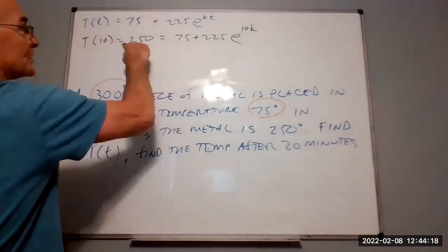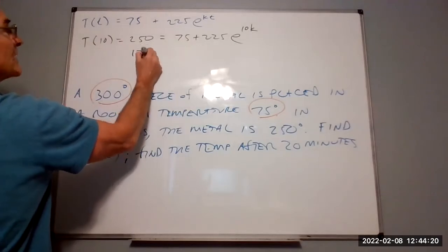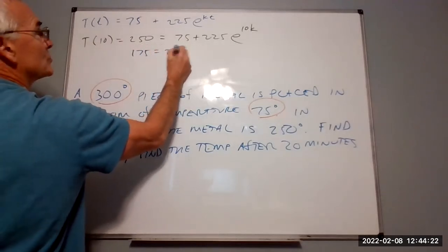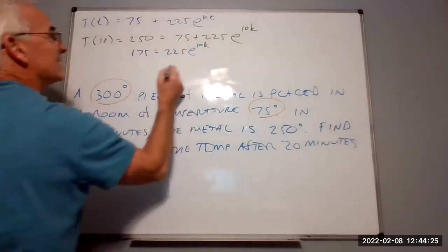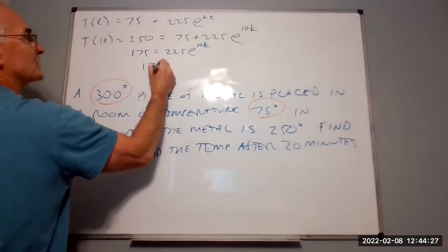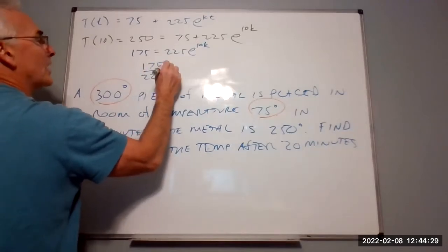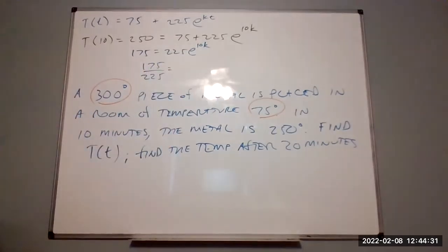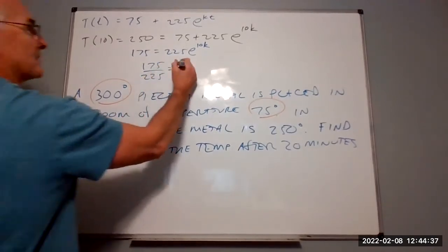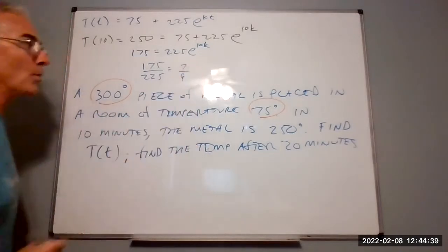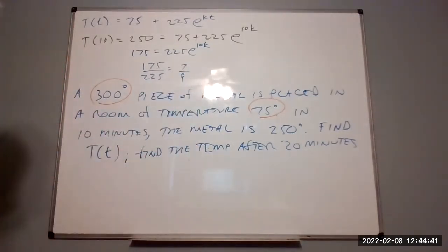So let's see, if I throw the 75 over, then I have 175 equals 225 e to the 10k. If I divide, then I have 175 over 225. And by the way, is that a nice number? I believe that's exactly 7/9. I don't want a decimal. Whatever you do, avoid decimals as you go.